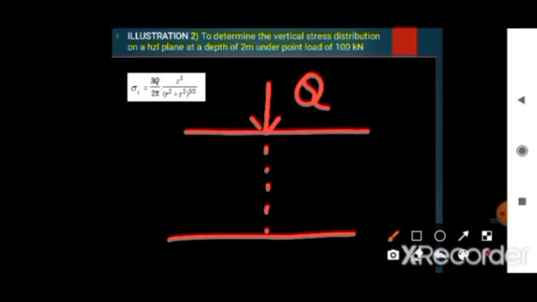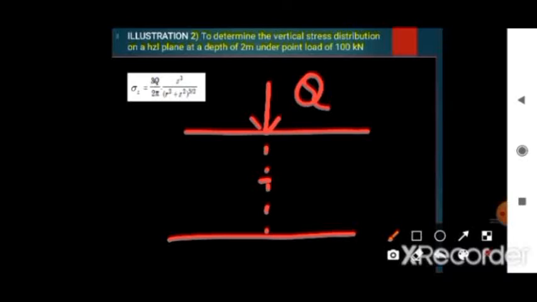If we plot sigma z, naturally the magnitude of the vertical stress along this line of action will be maximum, straight away beneath the applied point load.